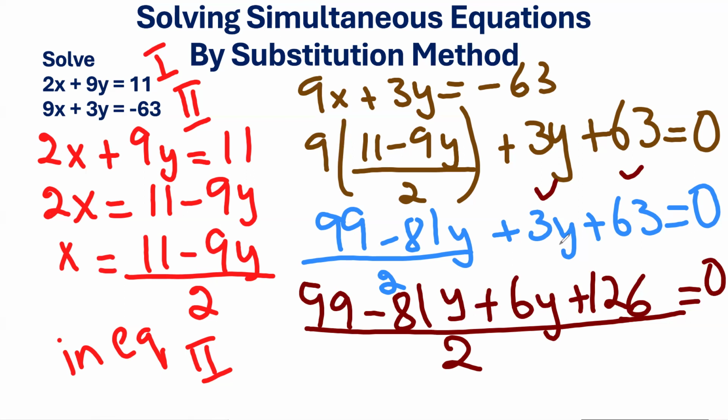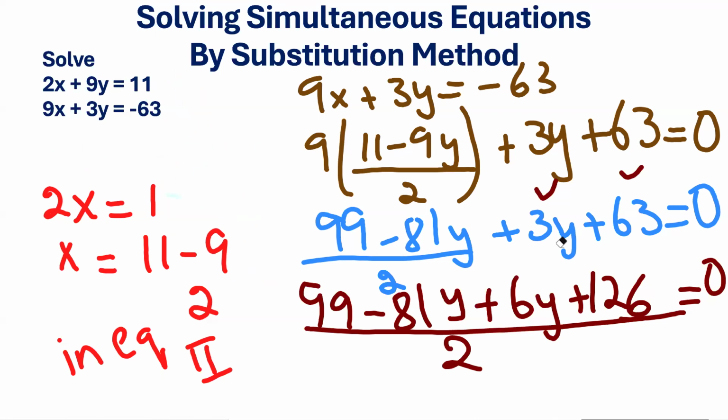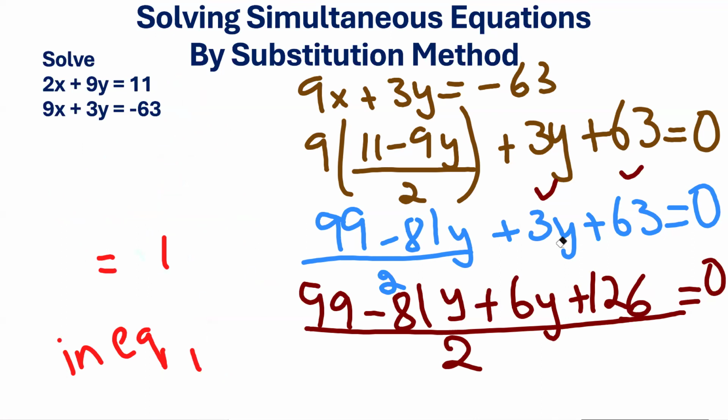Now, solving it further, 2 can be multiplied with 0. Let's solve it. This 2 is multiplied with 0.